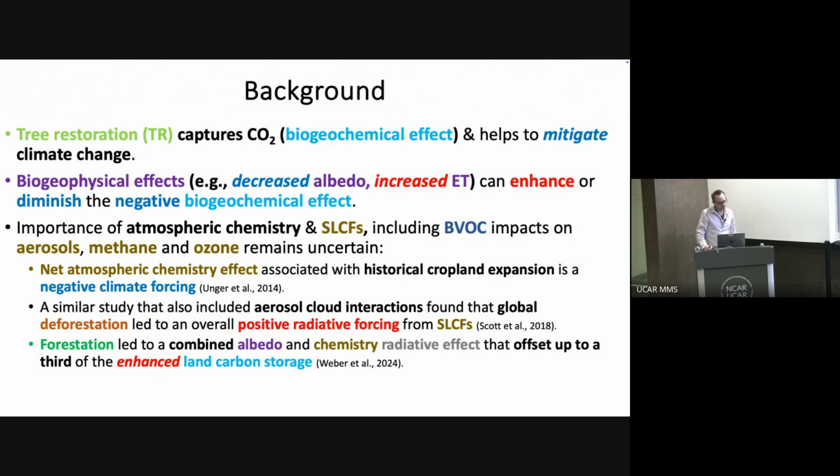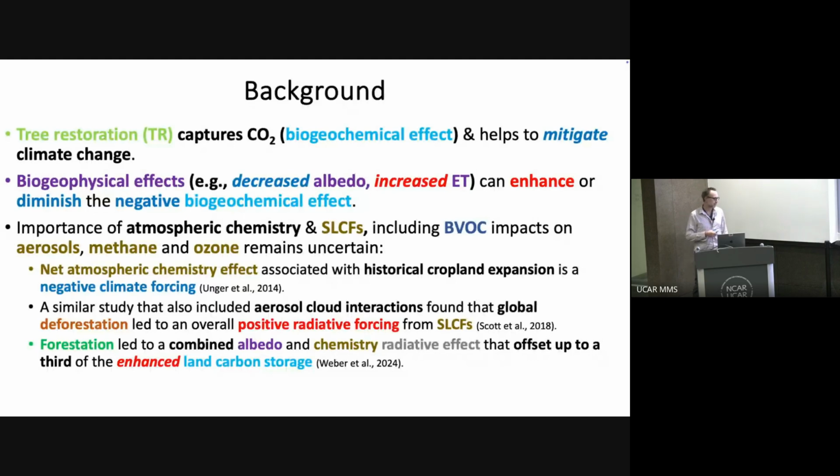However, trees also have biogeophysical effects, including decreased albedo and increased evapotranspiration, and these can either enhance or diminish the negative impacts from biogeochemical effects. In addition to these two effects, there are also atmospheric chemistry effects through short-lived climate forcers, largely driven by BVOC emissions. These impact things like methane, ozone, as well as secondary organic aerosol.